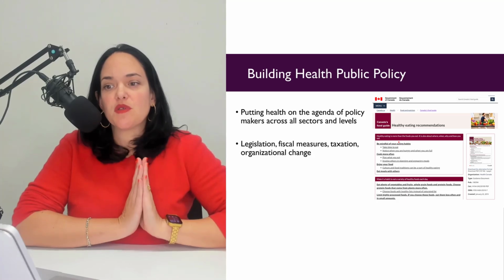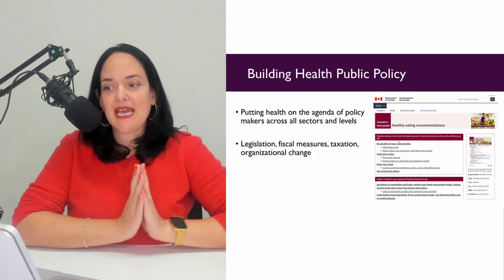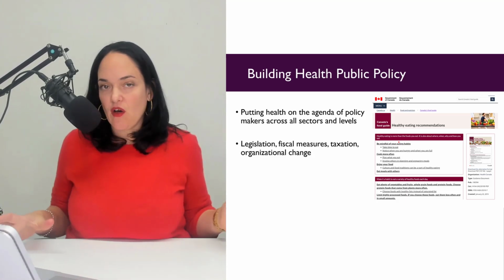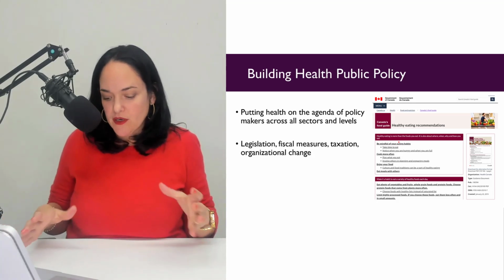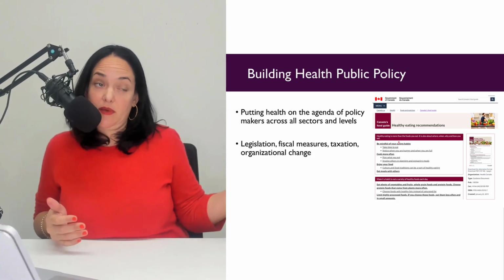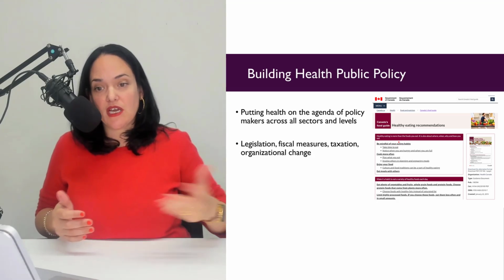Okay, so I wanted to start with building healthy public policy because, like I keep saying, this feeds into all the other areas, and it's such a fundamental part of health promotion and public health and population health as well.